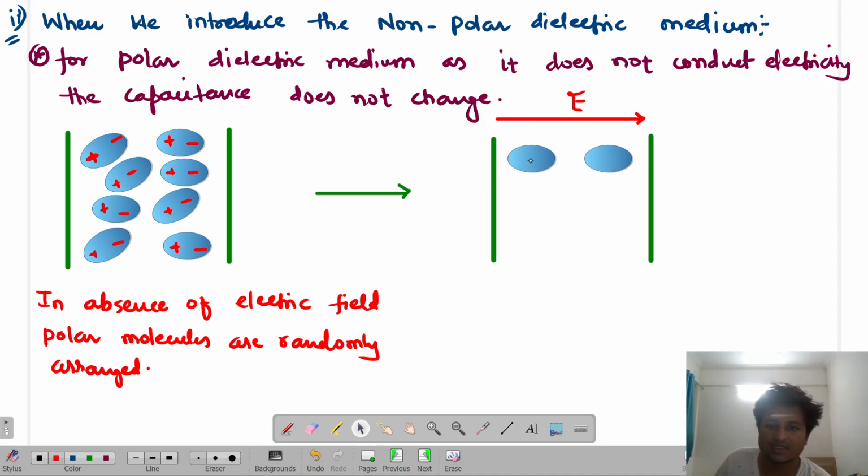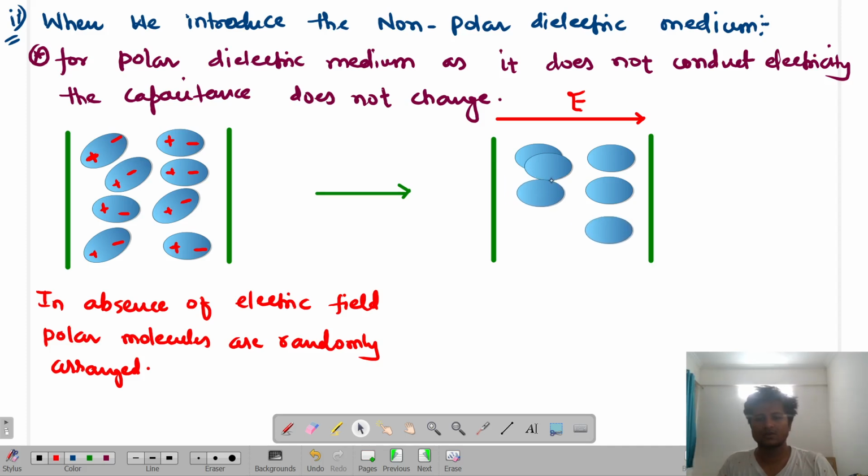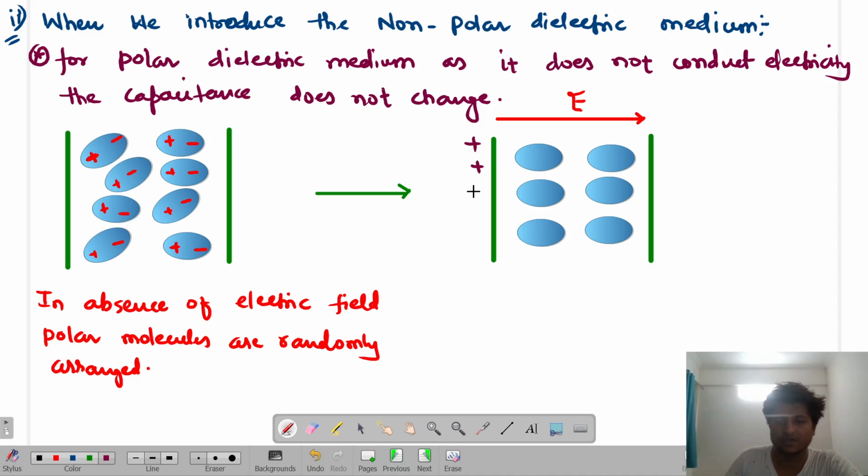They will start arranging in this form, in the direction of the electric field, isn't it? Got it or not? So you'll see them arranged in this fashion, perfectly arranged now, because they have started having the presence of electricity. Are you able to get me?